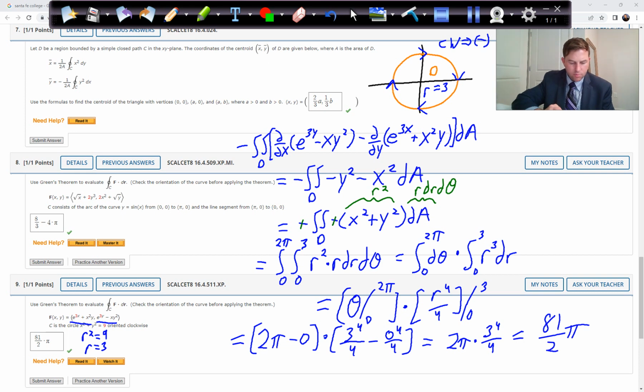Okay, so that would be the line integral of that curve, or the area of that region. Now, it doesn't quite represent the area of that region, because that's not what the area would be if you just did the area of that. So it truly is the line integral of that curve. Okay, so that's problem 9.